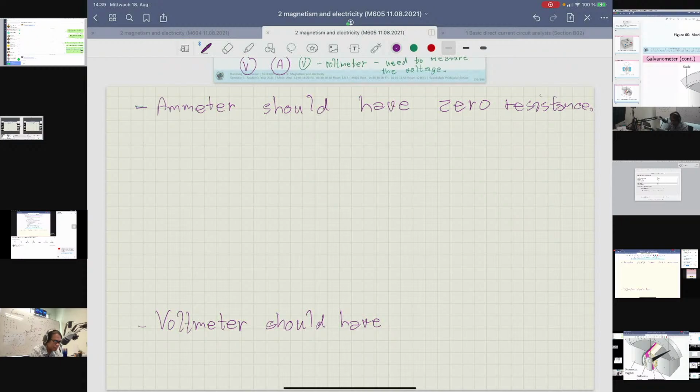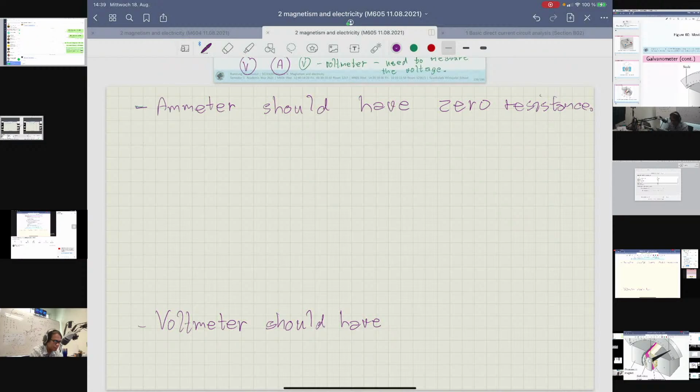In the same way, if we have a voltmeter and we would like to measure the voltage across these two points, there is current flowing like this, and Rm is the resistance of anything that you would like to measure.